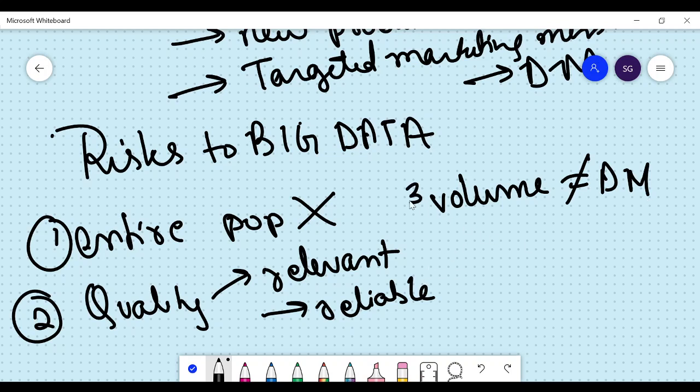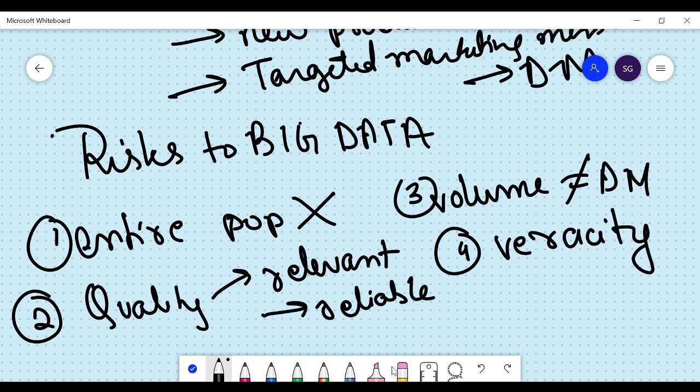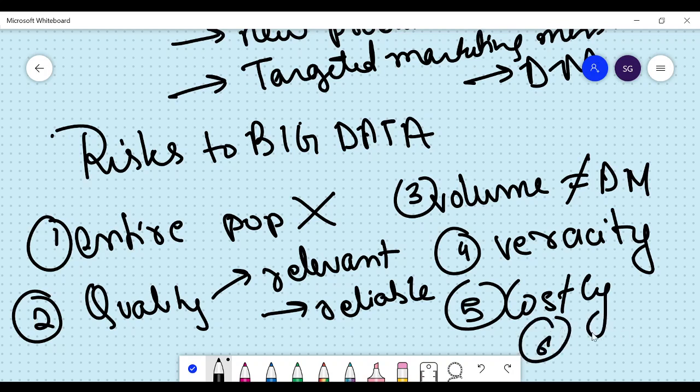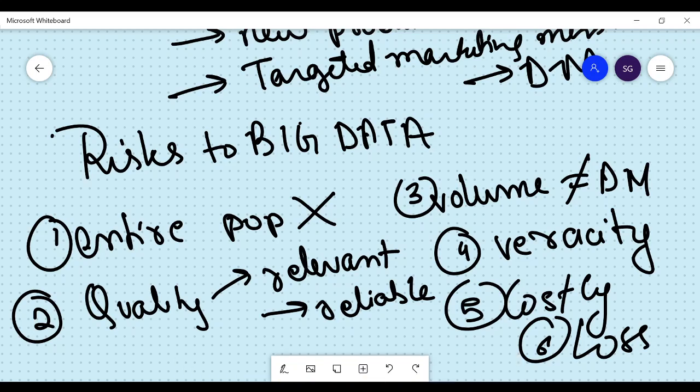Sometimes we also get confused. Veracity is important because we need to make reliable decisions and ensure strong governance on data quality. Analyzing big data is very expensive, and if there is a loss or theft of data, then there can also be legal action.